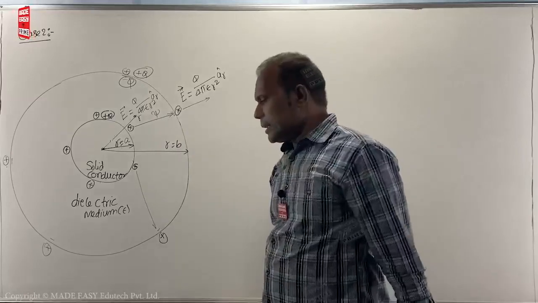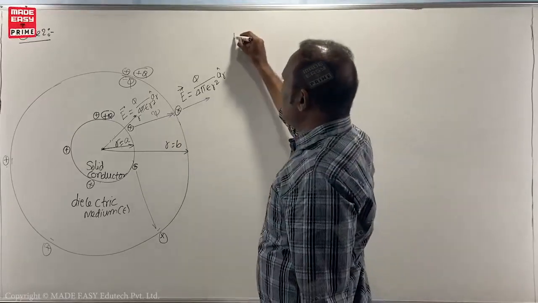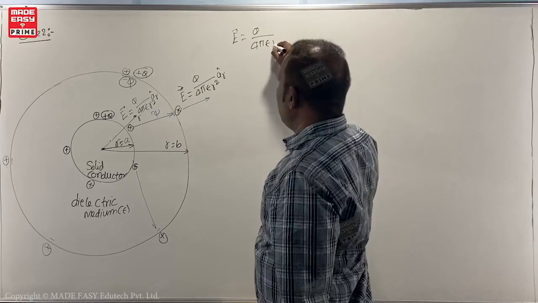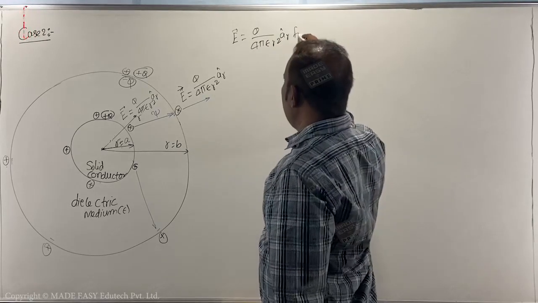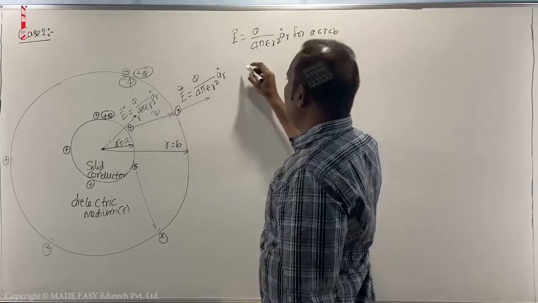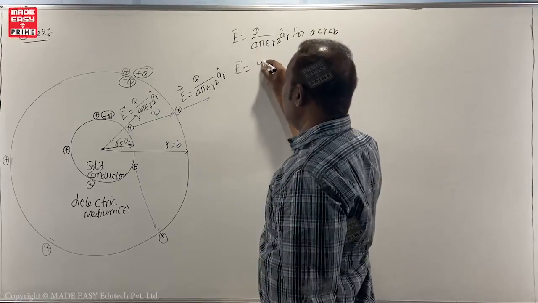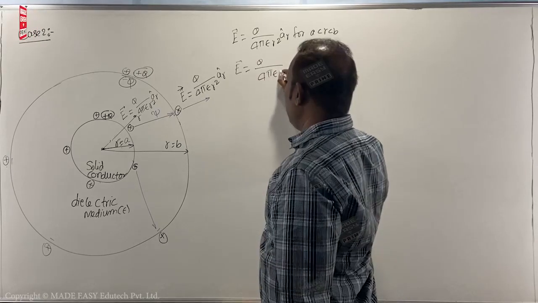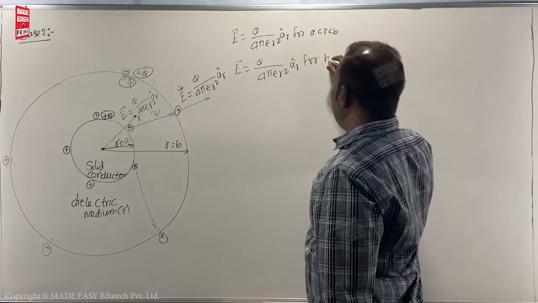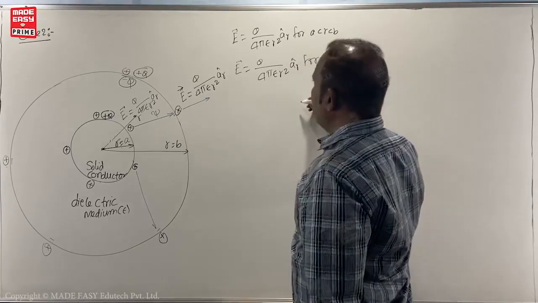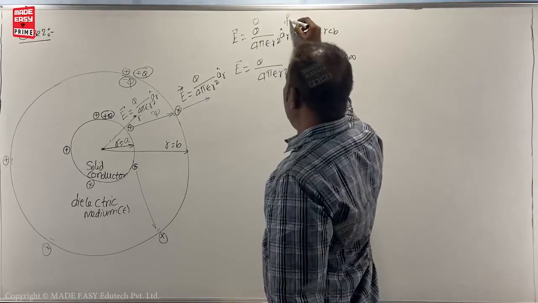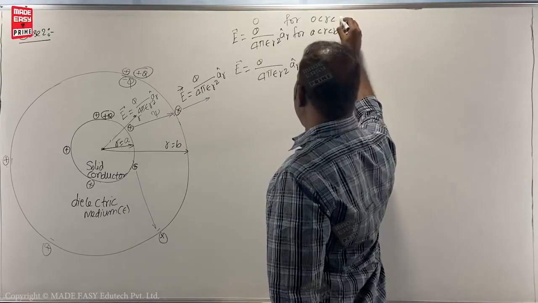So the conclusion is, in this case, the electric field is Q by 4 pi epsilon r square a_r for a less than r less than b, and also the electric field is Q divided by 4 pi epsilon r square a_r for b less than r less than infinity, and the electric field is 0 for 0 less than r less than a.